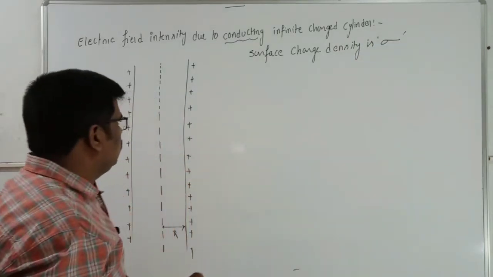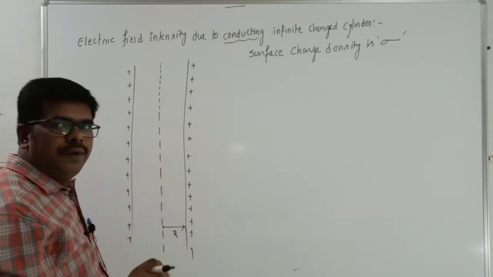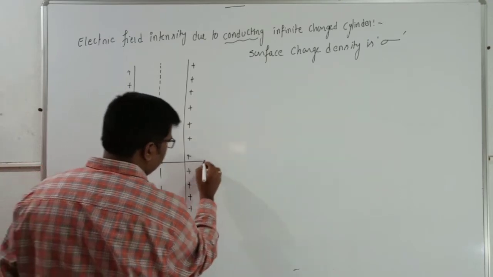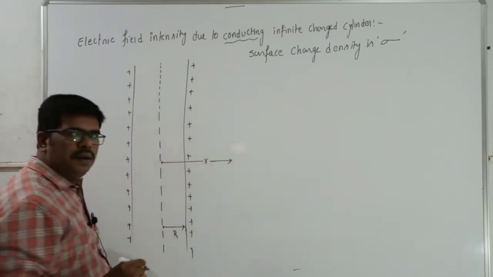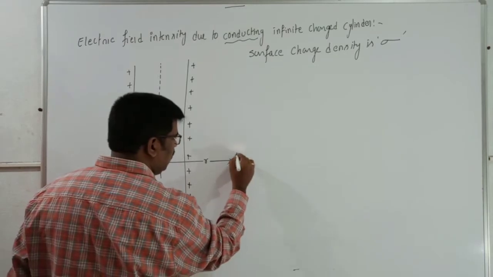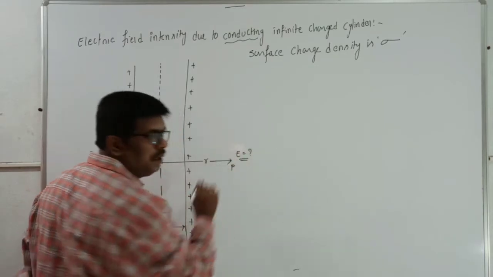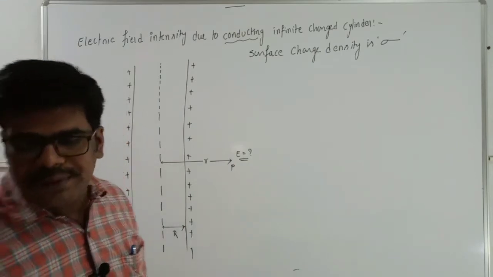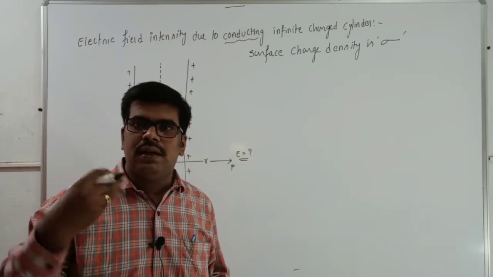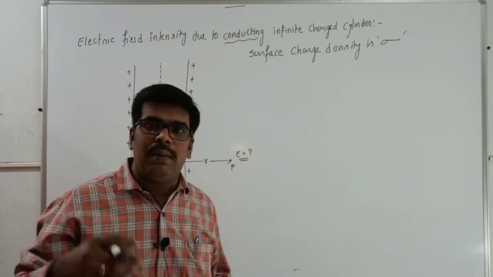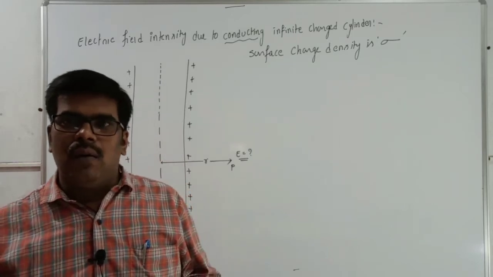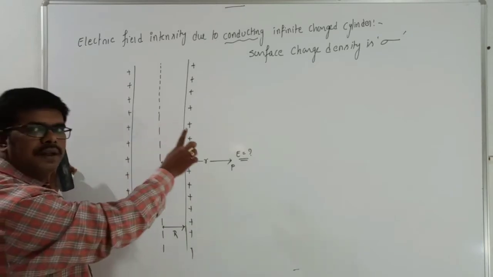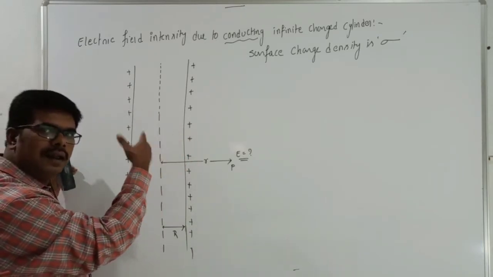Now I am taking a point. First, I want to find the electric field intensity at a distance r from the axis of the cylinder. This is point P. How much is the electric field intensity here? We need to determine it. If you want to determine it, what steps did we follow? We should first construct one imaginary Gaussian surface. What kind of surface can we choose? Since it should enclose the cylinder, we imagine another cylinder.